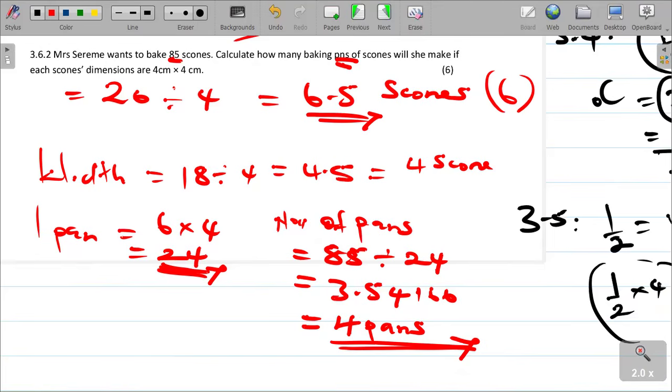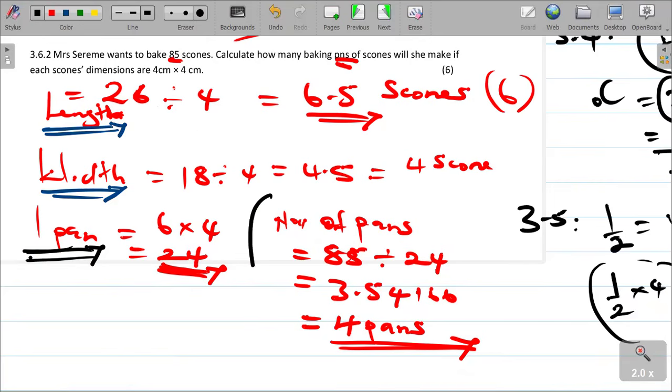So we divide the length and the width like this: this is the length, and this is the width. As you can see, it has to be calculated like that. Each pan is going to give us 24 scones.